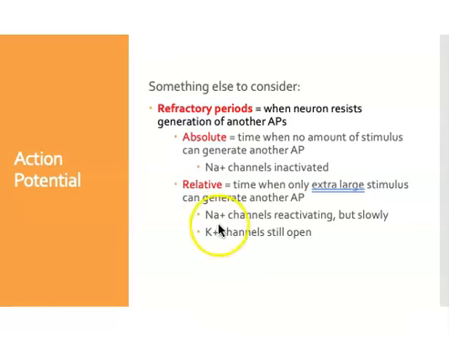It's just that you're going to need an extra large stimulus to do that. Some of the sodium channels will still be inactivated and they won't respond even to an extra large stimulus. So it's difficult or even impossible at times to cause another action potential to occur in a neuron while an action potential is happening.